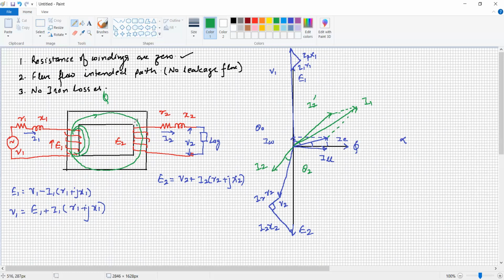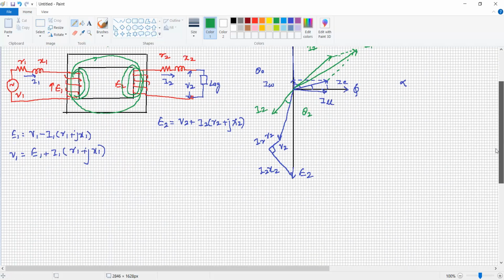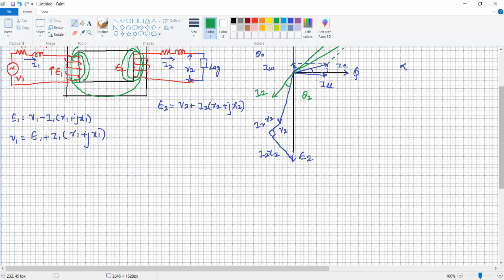This leakage flux creates the leakage reactance in the transformer. Every time we are not able to draw such a figure, so we can represent the above diagram like this.